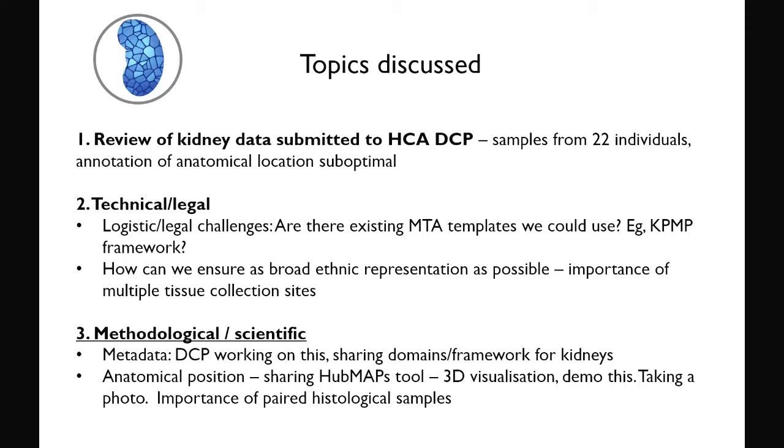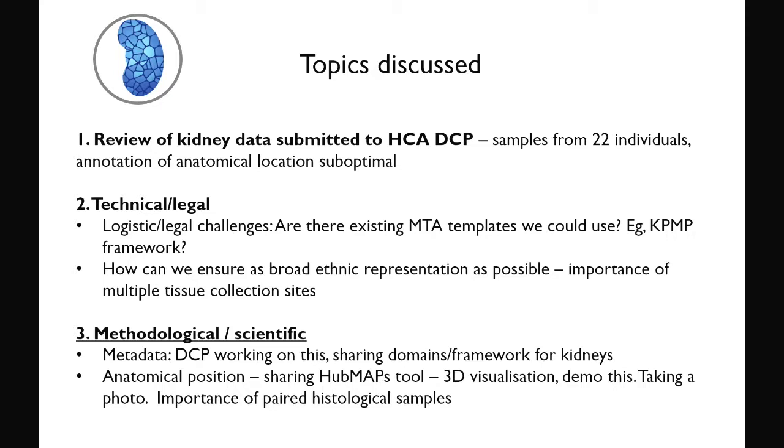I think Sarah and Aviv presented at the start a summary of data that is badged as HCA data, which I think said that from a kidney point of view, there were samples from more than 60 individuals and 1 million cells. But actually, if you look at what's been submitted to the DCP, it's much less than that. So that's the first point, a call for us to get on and interact with the DCP to get our data up there.